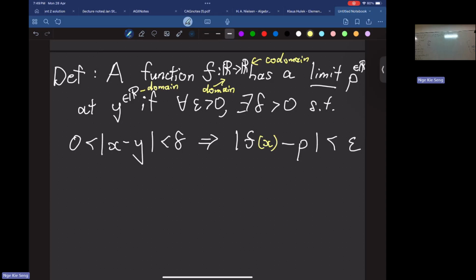Does it make sense? So you can subtract real numbers. Correct? But what do epsilon and delta mean? Where are they living? What values can you take for epsilon and delta? Can you take a complex number? No. Okay, so here epsilon and delta are also real numbers, positive real numbers.